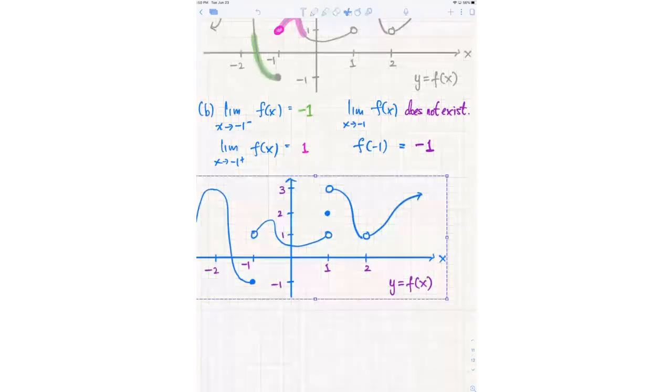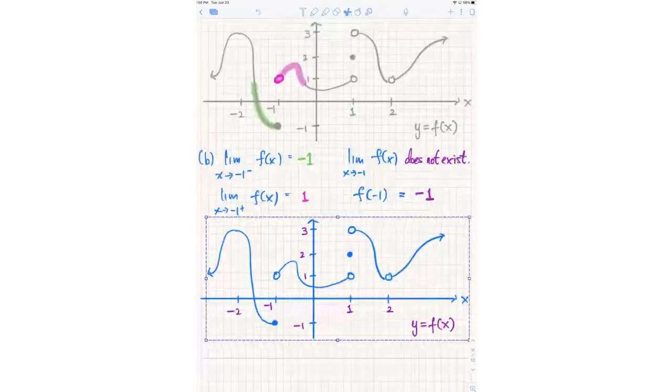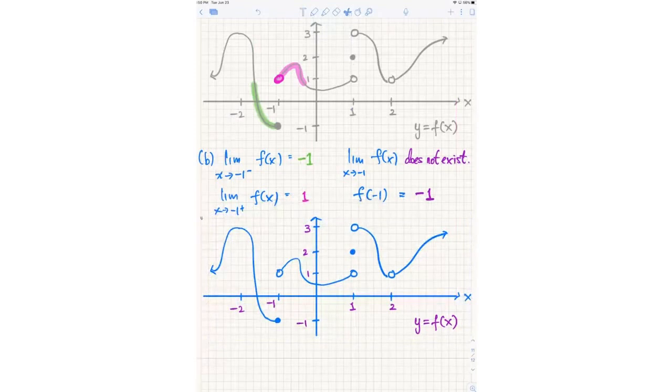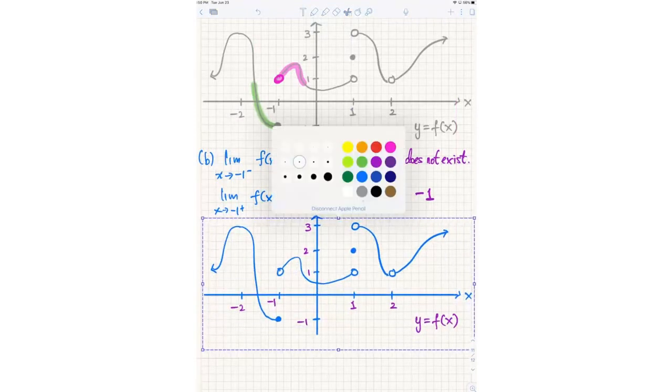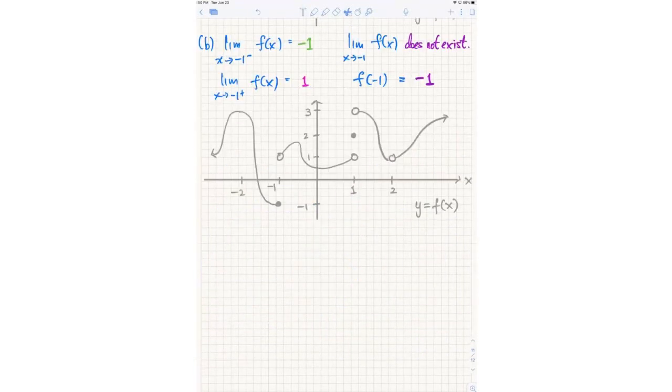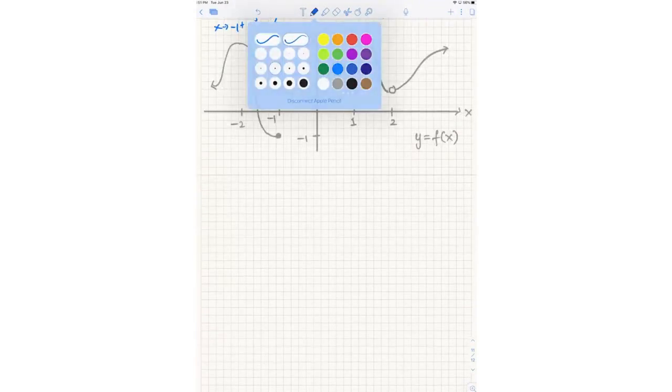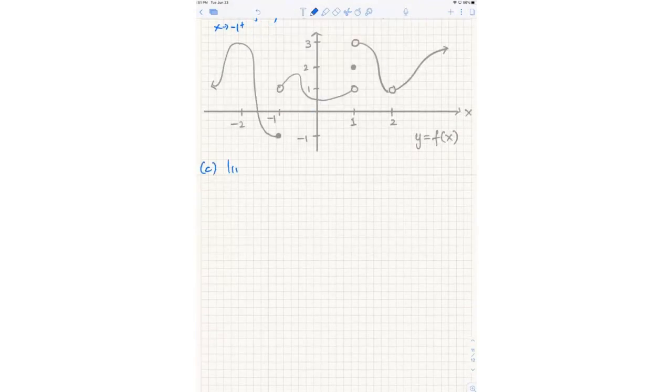Okay, so just two more quick examples. It's gray. So now we're doing everything at 1. So x approaches 1 from the left, x approaches 1 from the right, x approaches 1, and what is f of 1?